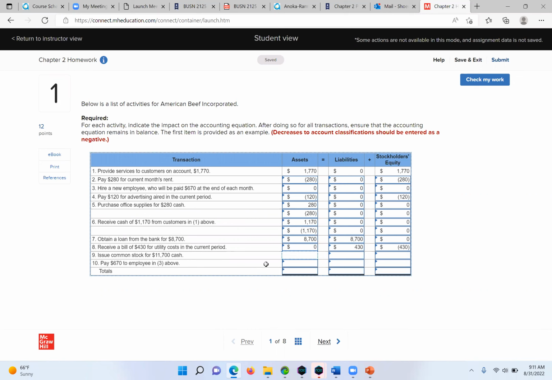Issue common stock for 11,700 cash. What happens when we issue common stock? You're gaining.